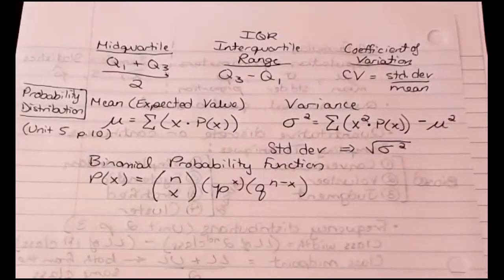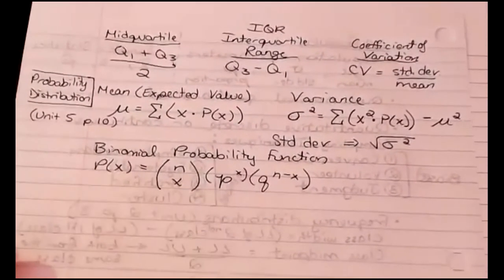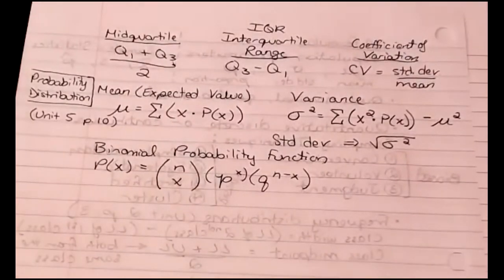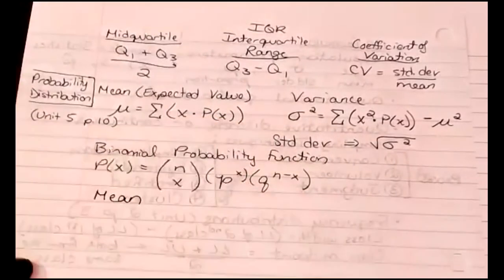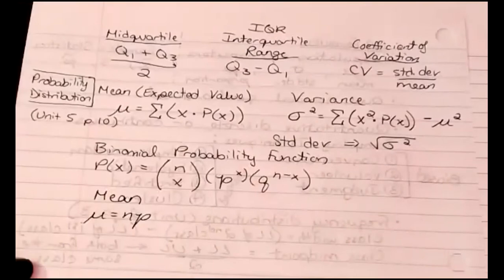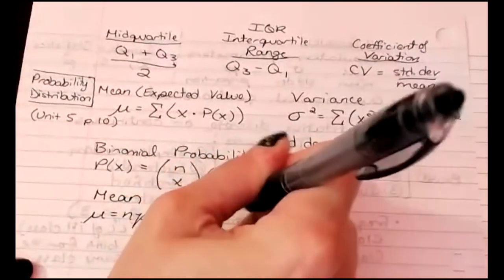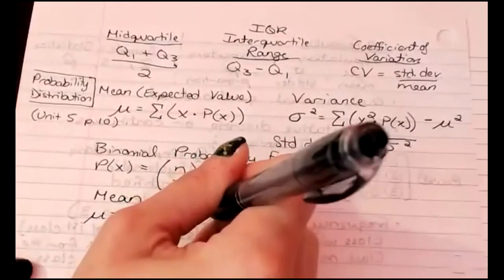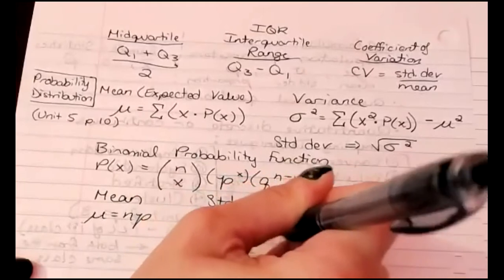So binomial distribution, that's definitely a good one. I would practice calculating binomial probabilities for sure. Under this same topic for binomial distributions, we have the mean and standard deviation. The mean you'll find by taking your n and multiplying it by the probability of success, p. And to find your standard deviation for your population, you take the square root of n times p times q.